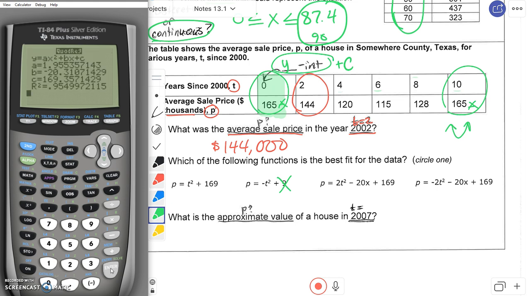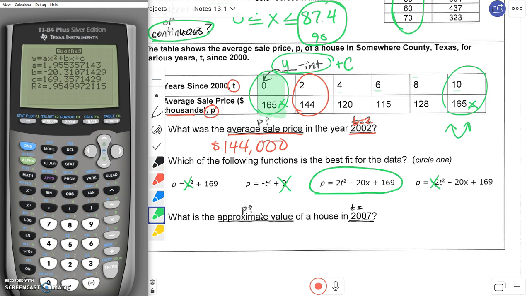All right, and there it is, and I got that really strong r value as well. They've got an a value of 1.9, which is going to round to a positive 2. So not that one, and not that one. Let's check the rest of it, though. Negative 20.3, and then 169. Yeah, that's super close to what they've got there. They just rounded off to the nearest whole number.